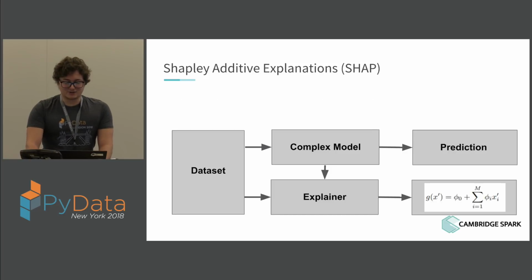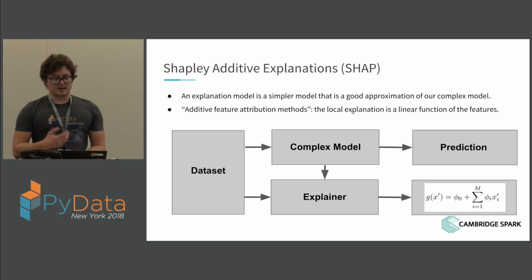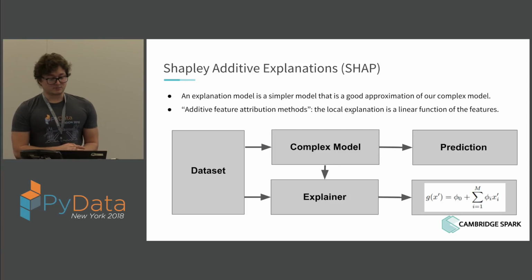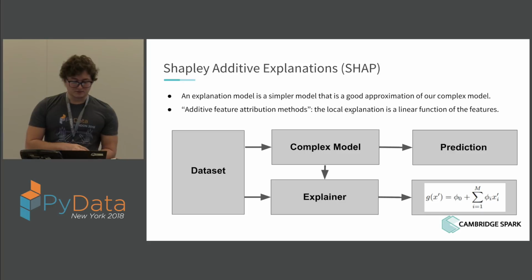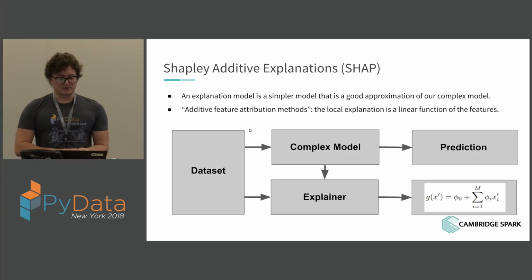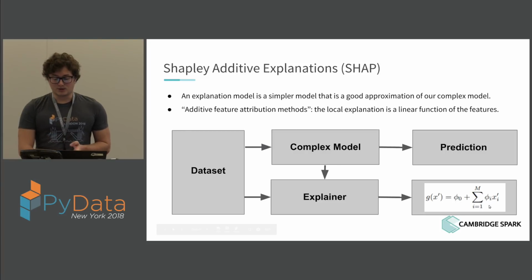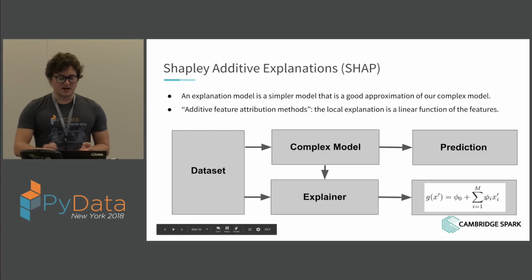Then what they said is that there is a specific type of explanation called additive feature attribution methods, which Lime belongs to as well. It is basically trying to build a local model that is just a linear combination of your original features. Lime is doing it by fitting a linear regression.